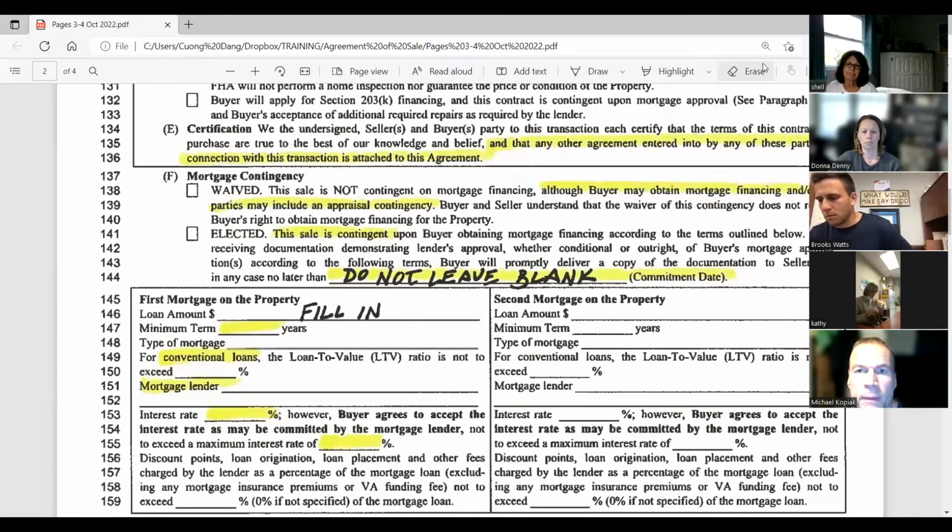But you definitely should follow up. Lots of follow-up. Very good question. Brooks, you want to chime in on that too? Because the mortgage commitment date is on here, right? It's on the elected portion. It's not on the waived portion. So if they're going to get a mortgage, then one, they need to apply within 7 days.